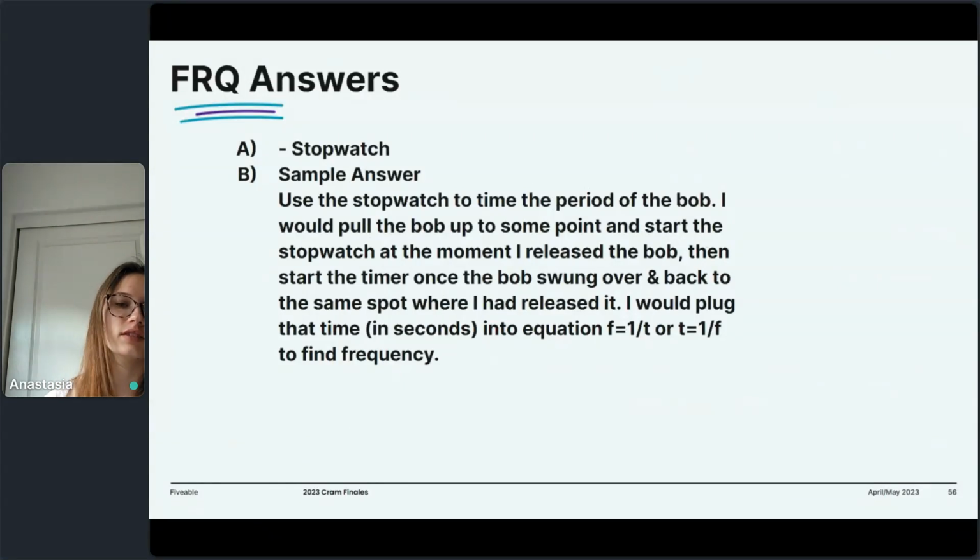I would plug that time in seconds into the equation f equals 1 over T, or T equals 1 over f, and you can find frequency in that way. So you can just really find any way you can measure frequency with the tools that it provides you, and as long as it's a logical response, then you can get full credit.